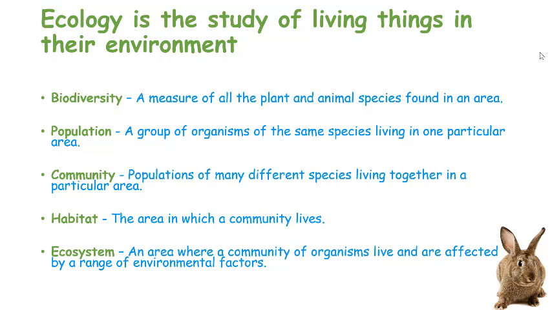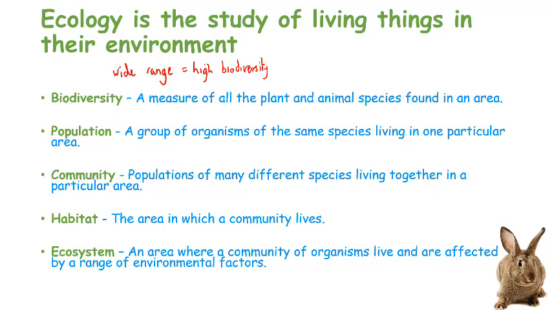Now, biodiversity is a measure of all the plant and animal species found in an area. So, generally, if you have got a wide range of species in an area, we'd say that there is high biodiversity.